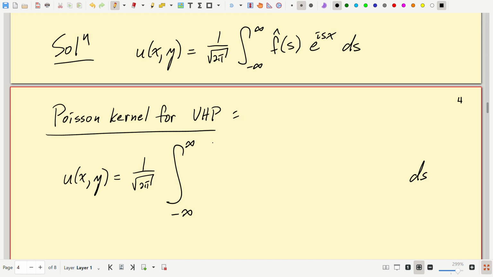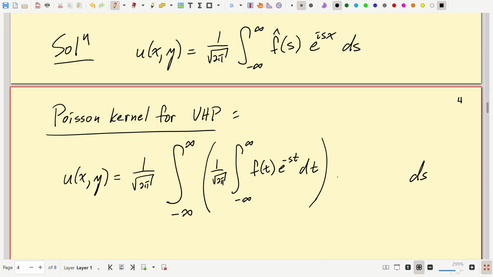The f hat is 1 over the square root of 2 pi, integral from minus infinity to infinity of f of t times e to the minus ist dt, times, oh, doggone it, I'm sorry, I skipped the e to the minus |s| y ds.